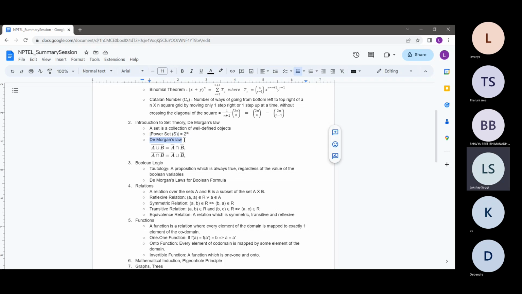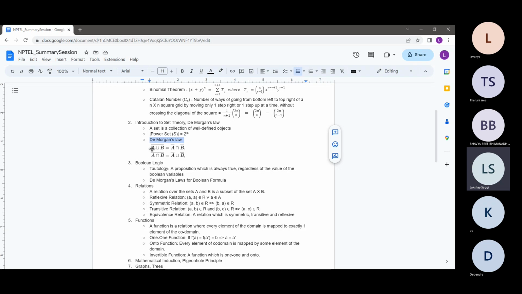And then there was the concept of De Morgan's law, which states that (A union B) whole complement is equal to A complement intersection B complement. De Morgan's law only states that whenever you need to take a complement of a complex expression, you just replace every union by an intersection and every intersection by a union, and replace all the sets by their complements.